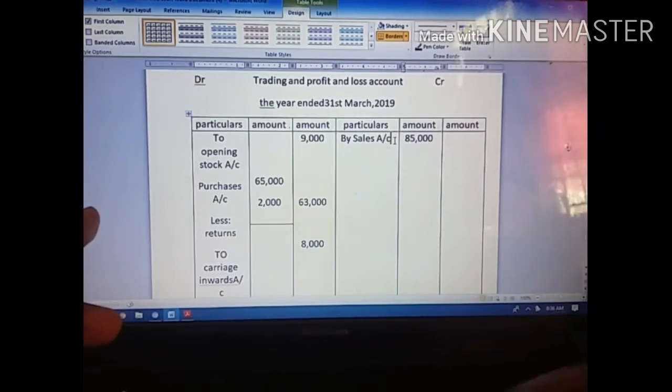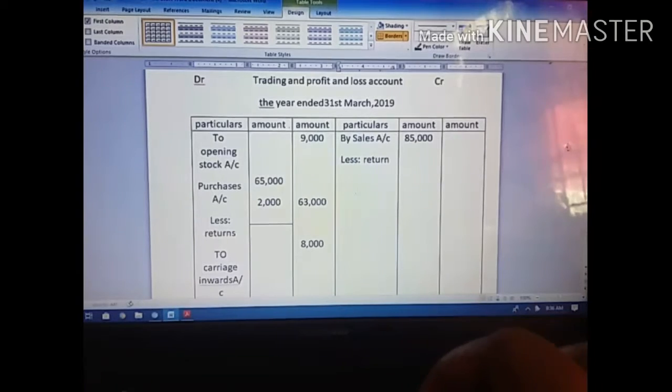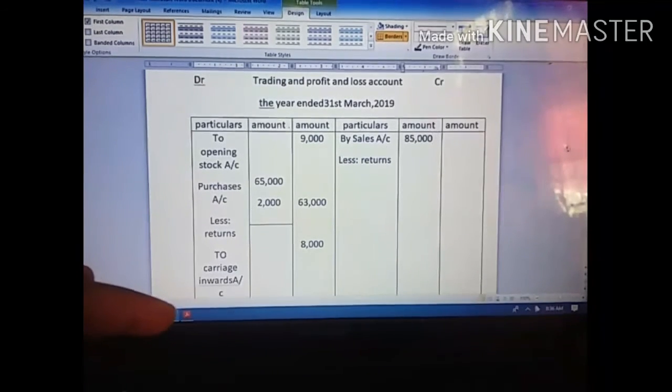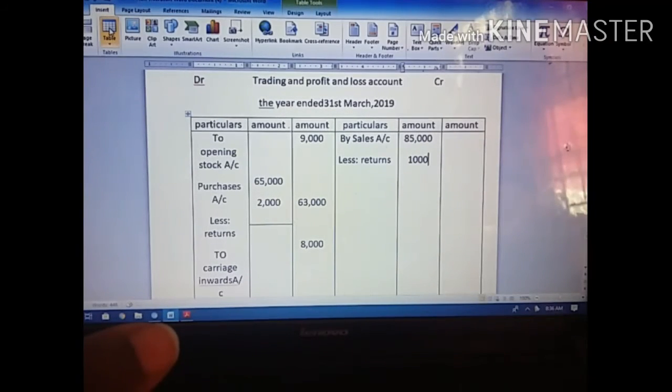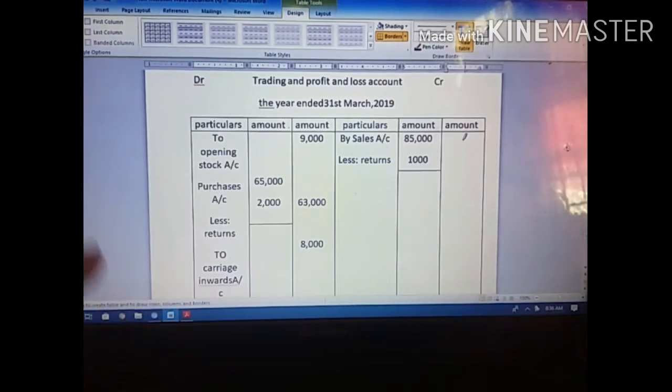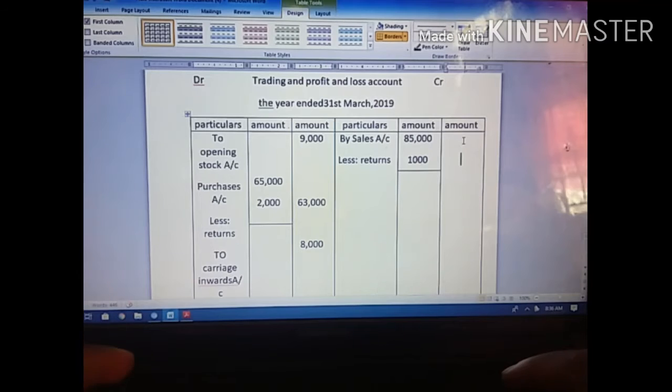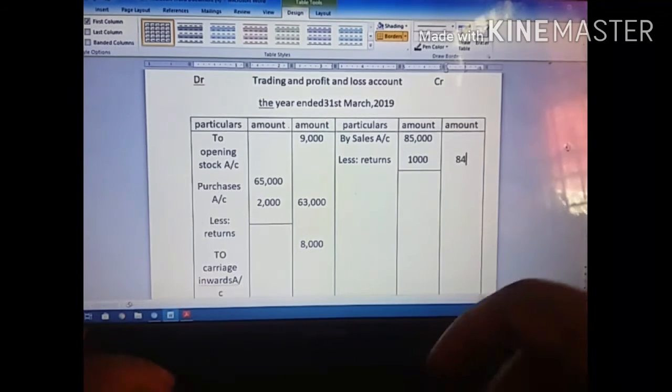I have returns also, so I have to deduct the returns, less returns 1,000. I have to use the inner column for adjustment. I already told you, if you have any adjustment you have to use the inner column. After the adjustment is made, then you have to post in the outer column. So sales minus sales return is 84,000, and 84,000 you have to show on the outer column.